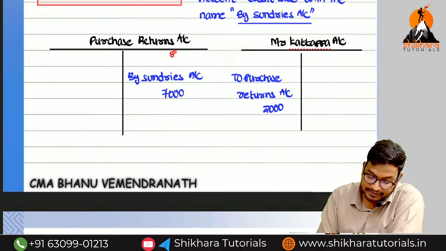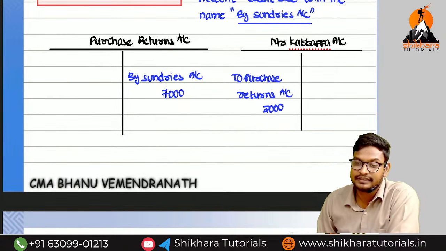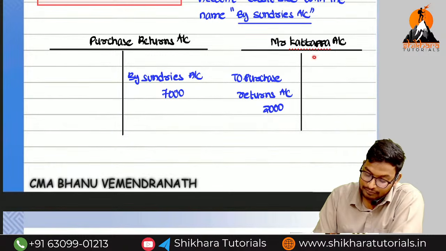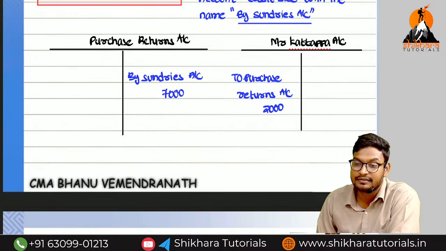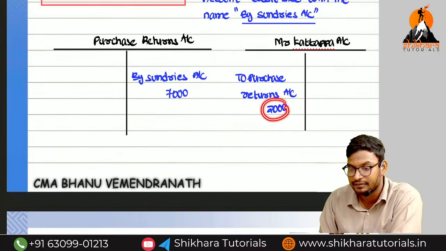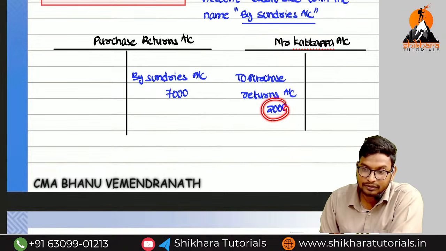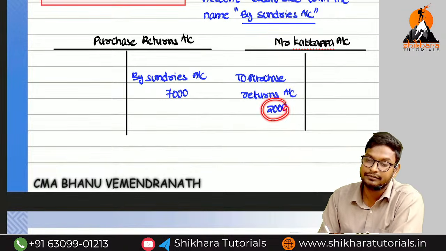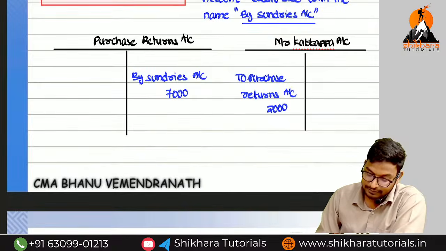So purchase returns account is showing which balance? Credit balance, because the credit side is more than the debit side. Mr. Kattappa account is showing which balance? Debit balance, because the debit side is more than the credit side. So debit side more than the credit side means debit balance, and credit side more than the debit side means credit balance. Credit balance credit side, debit balance debit side.